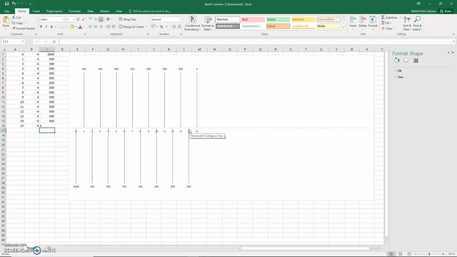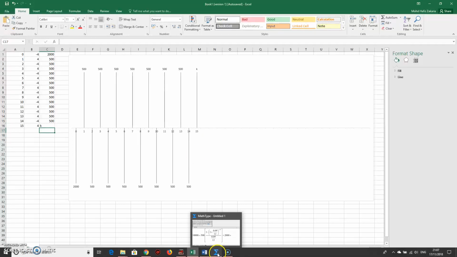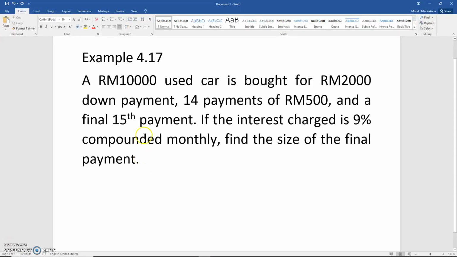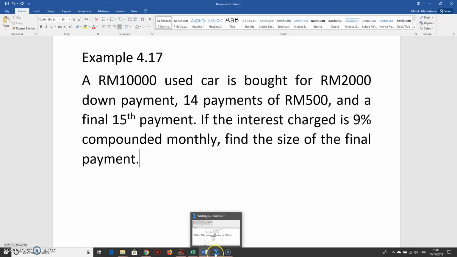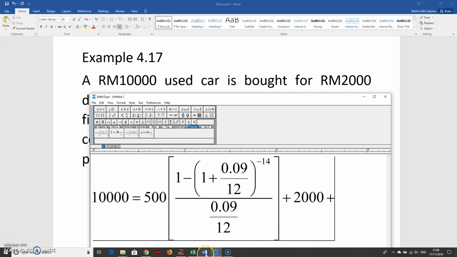If there were no interest, the buyer would owe 1,000 more for the car. But don't forget that we have 9% compounded monthly. Initially it is 10,000, but when you pay in installments rather than a lump sum, the value should be greater than that. So what is the value of K? How do you calculate K?